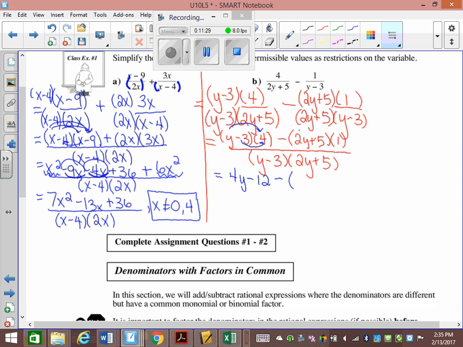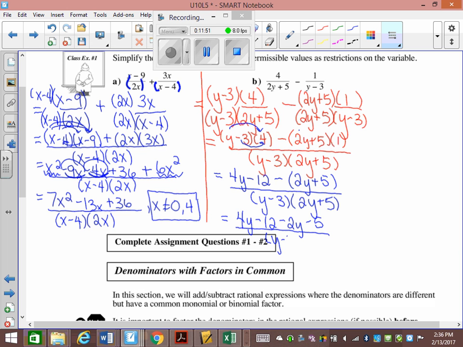What happens when you multiply something by 1? Stays the same. So I'm going to have 2y plus 5 here. But the catch is that I have to remember to change the signs, subtract. So I'm going to get 4y minus 12 minus 2y minus 5 over y minus 3, 2y plus 5.